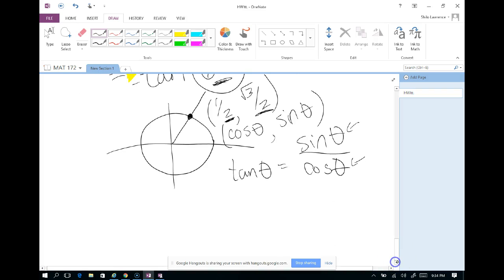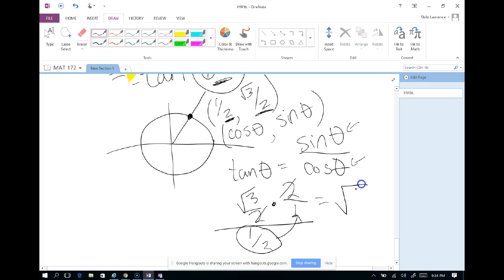So we're going to do radical 3/2 divided by 1/2. And instead of dividing by a fraction, you should flip and multiply instead. And we'll see that those 2's cancel out, and our denominator is just a 1, and you don't ever have to write a denominator of 1 because dividing by 1 doesn't do anything. All we're left with when we simplify this is radical 3.